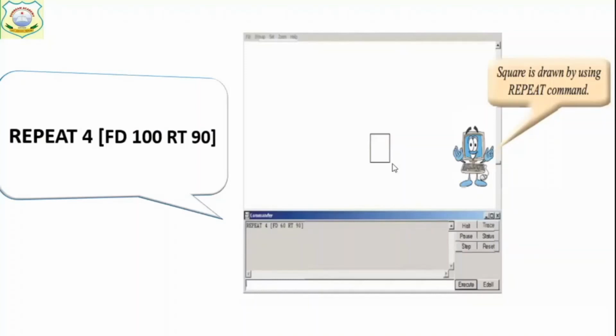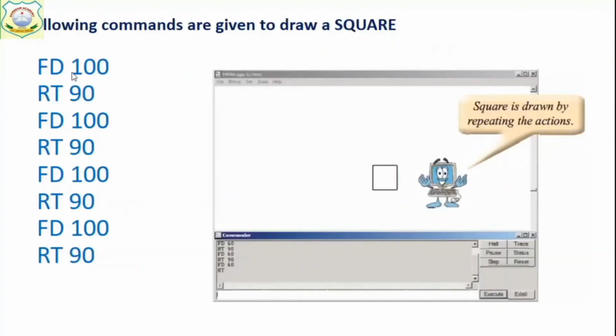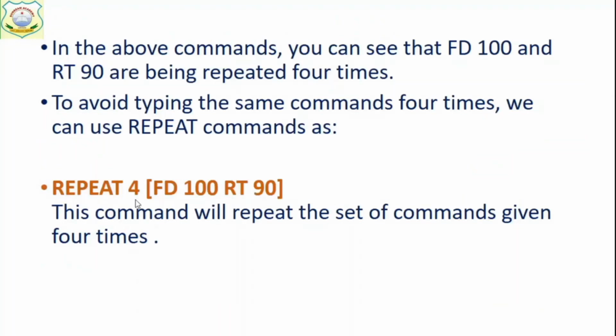This is the use of the repeat command. एक बार फिर से देखो, स्क्वायर ड्रॉ करने के लिए we have FD 100, RT 90 and the same commands are used 4 times. Same commands are repeated 4 times. Now see, now I am using the repeat command. The repeat command will repeat the same commands FD 100 and RT 90 how many times? 4 times, and it will draw a square for you.